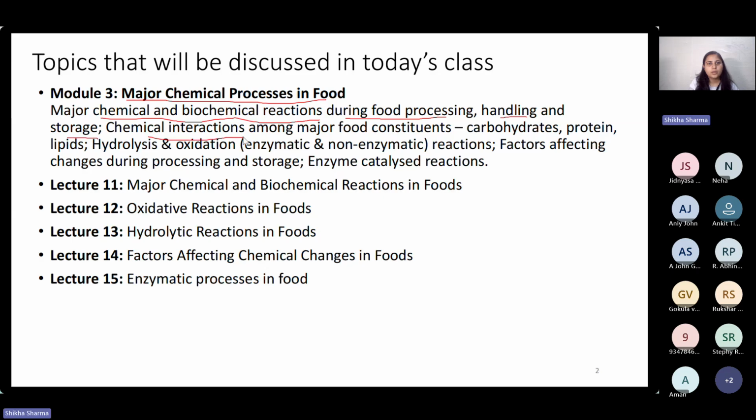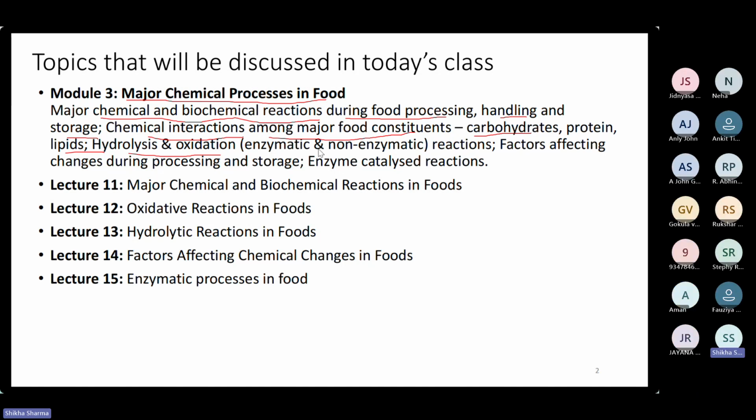Then chemical interactions among major food constituents like the carbohydrates, the proteins and the lipids, and then the hydrolysis and the oxidation reactions, both the enzymatic and the non-enzymatic ones, and then the factors affecting the changes during processing and storage, and enzyme catalyzed reactions.